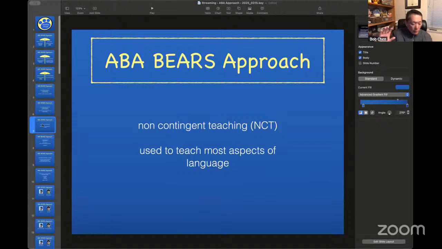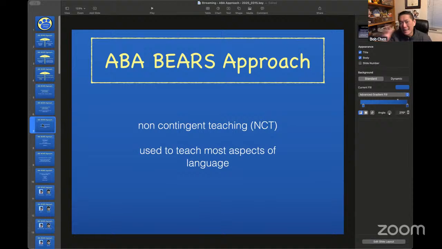Now, like I said before, non-contingent nowadays is our own preferred method of teaching. When I first started, everything was taught via discrete trial. And like I said, non-contingent was an accident. It wasn't an intentional effort of crafting a brand new way of doing things. It was just, let's try this and see if it'll help the child accelerate their learning.